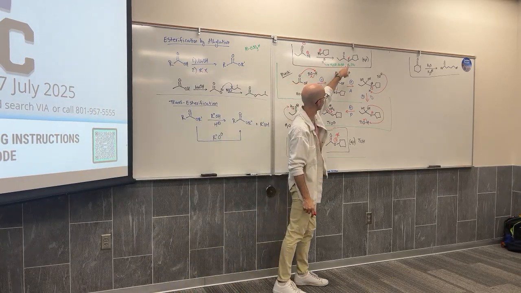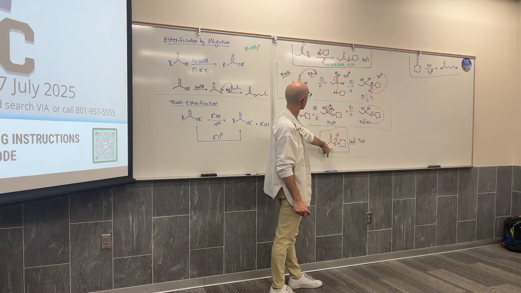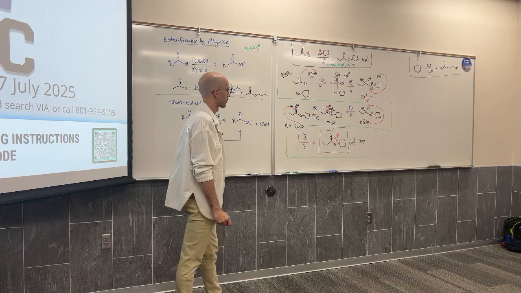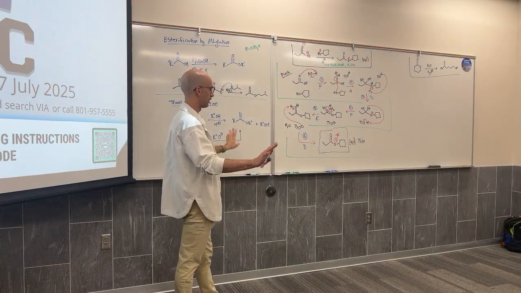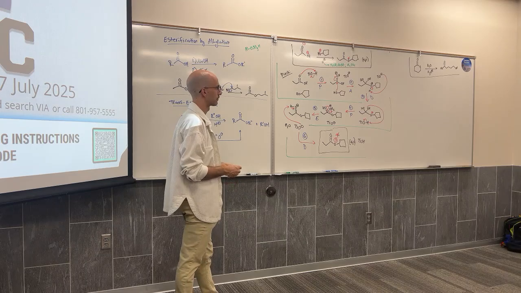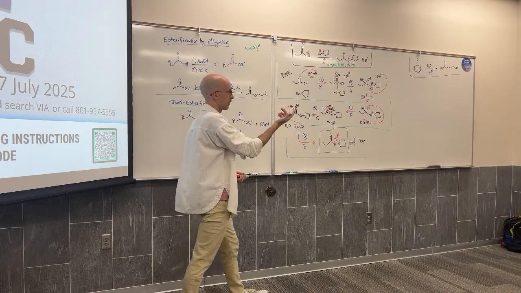We proved that it was oxygen 3, the alcohol oxygen, that manages to be the ester oxygen. And oxygens 1 and 2, they get lost in the shuffle. And we're going to see the exact same thing in reverse here.